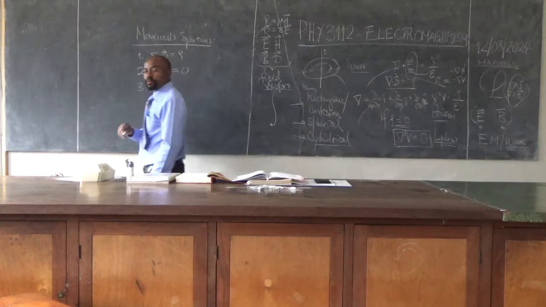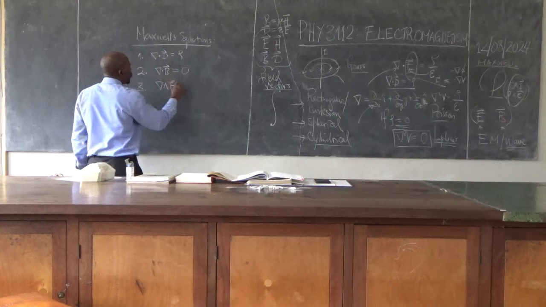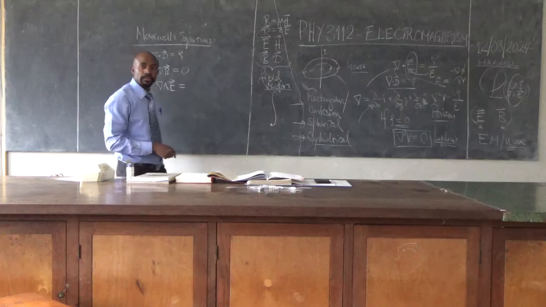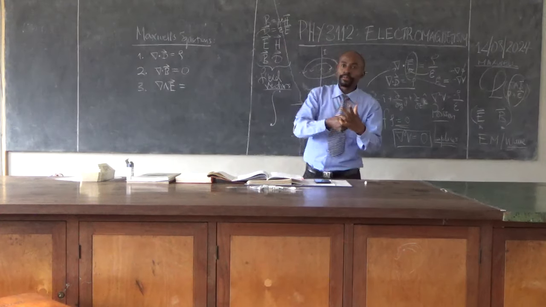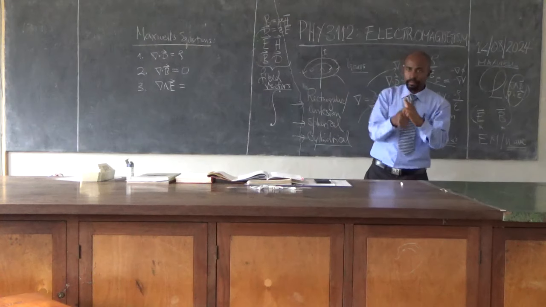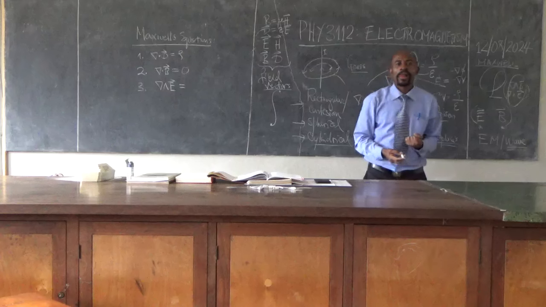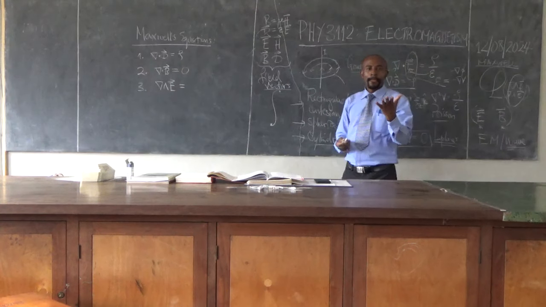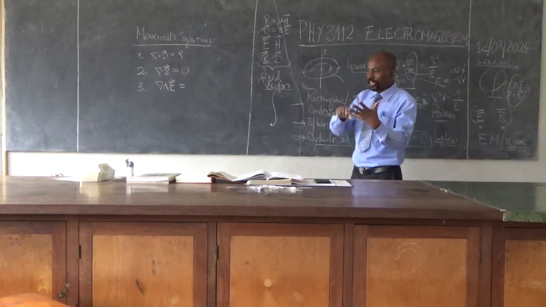So how about if we curl? We have the electric field lines going like this, then we try to curl them. You have the field lines, and then you curl them.